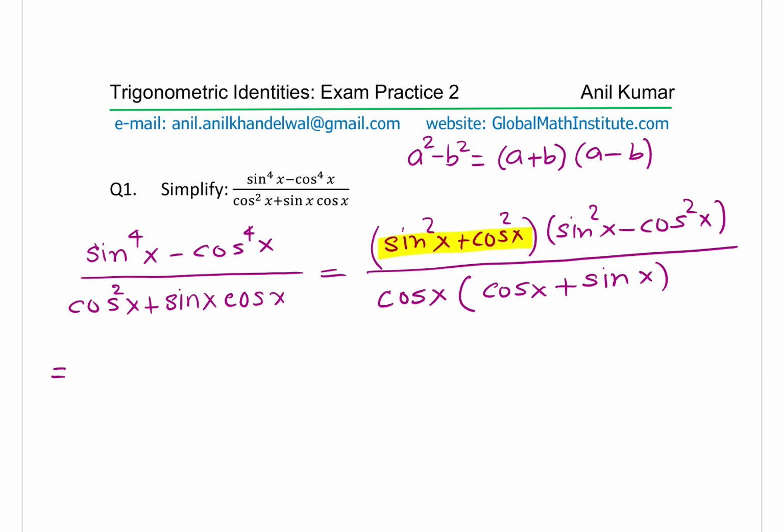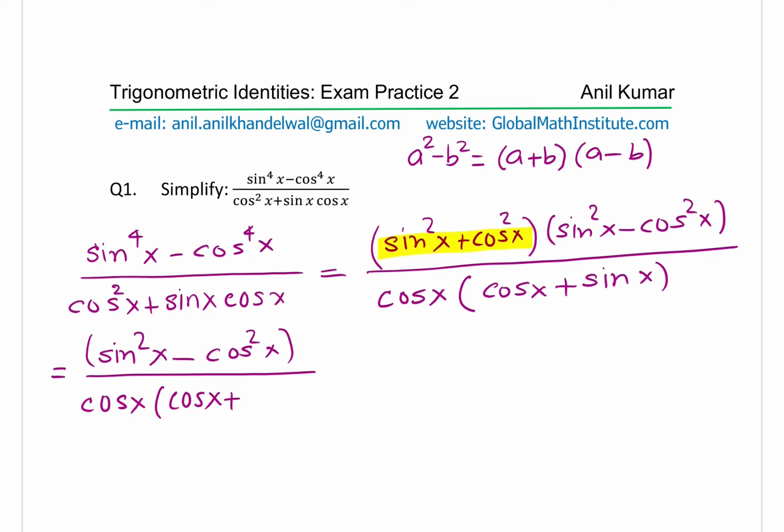Well, that is just 1. And 1 times anything should be the number itself. So we are left with, in the numerator, sine square x minus cos square x, the denominator being cos x times cos x plus sin x.